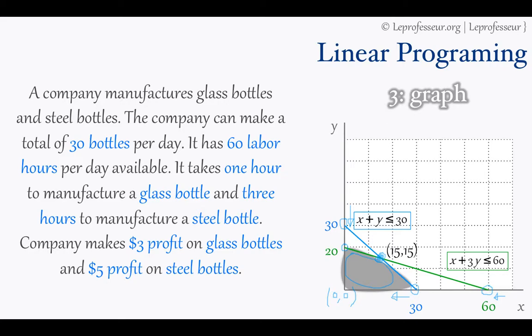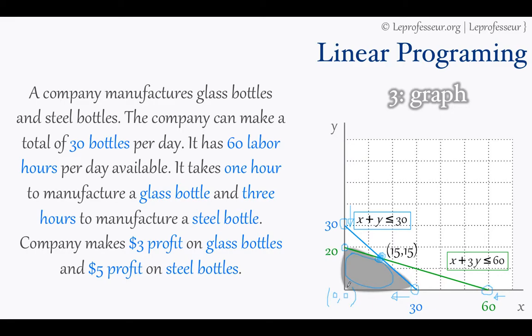So, as you can see here, in this area the minimum values of x and y are 0, 0. We are already assuming that the company is going to manufacture bottles more than 0.